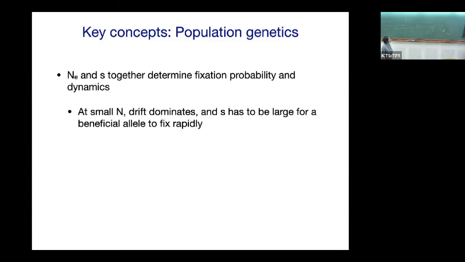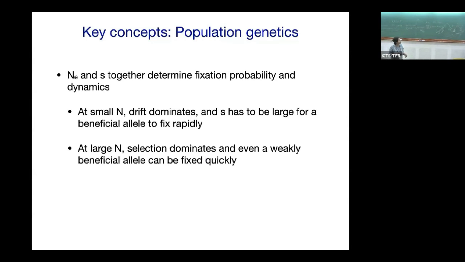So in general, at small population sizes, drift dominates.